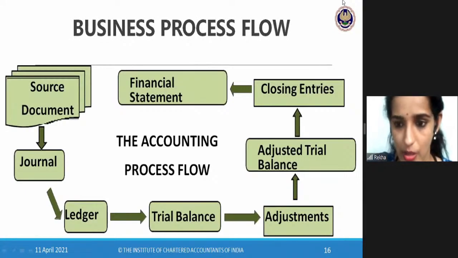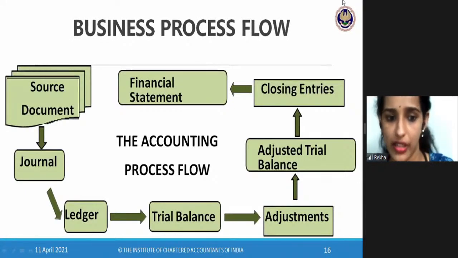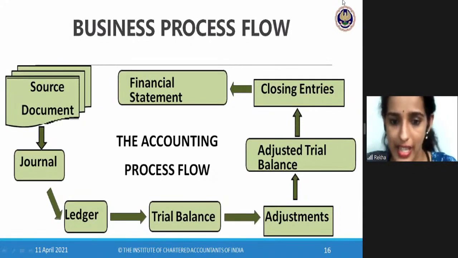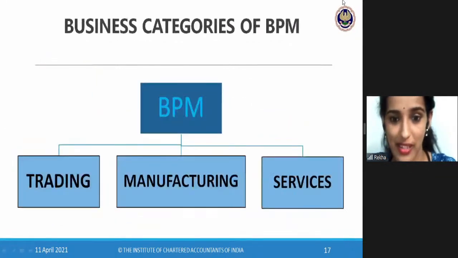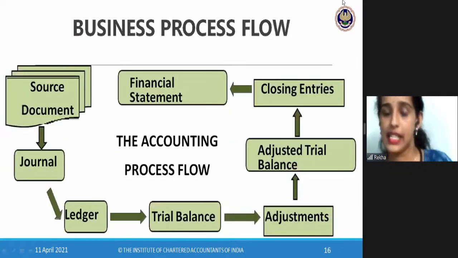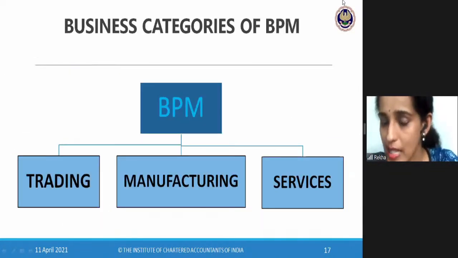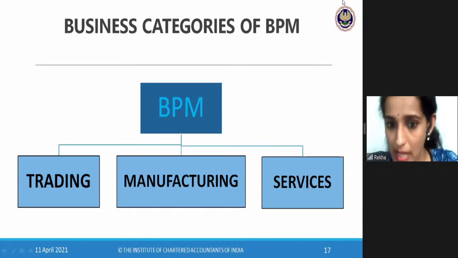I think we already covered this: basically the entire process through the source, how it comes to your financials. As commerce students, I think I need to teach you this. Depending on the type of business, your business process module will differ.